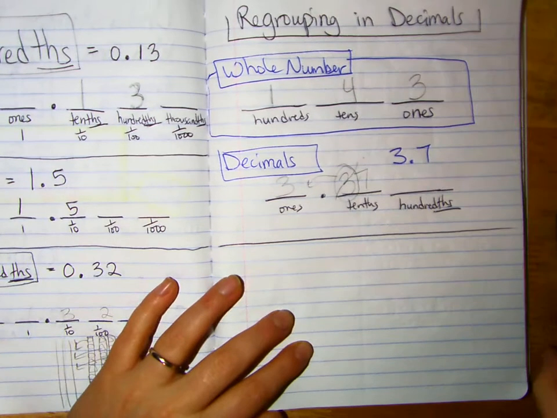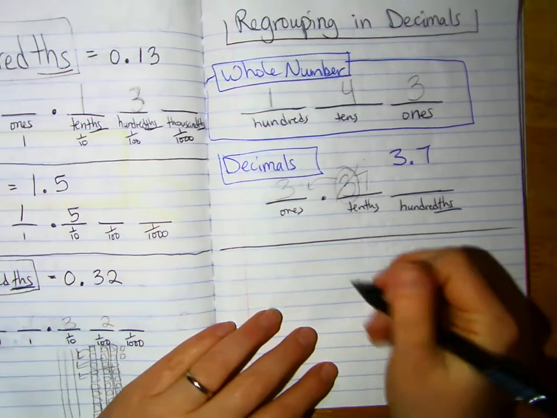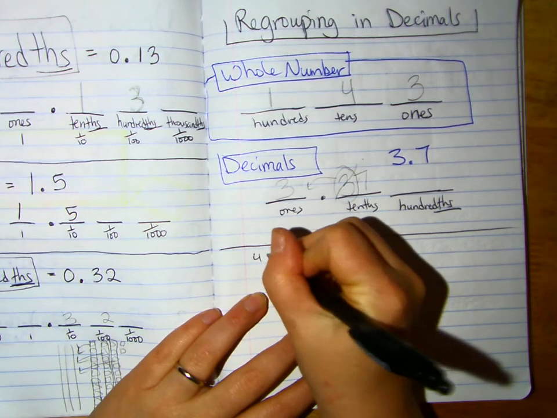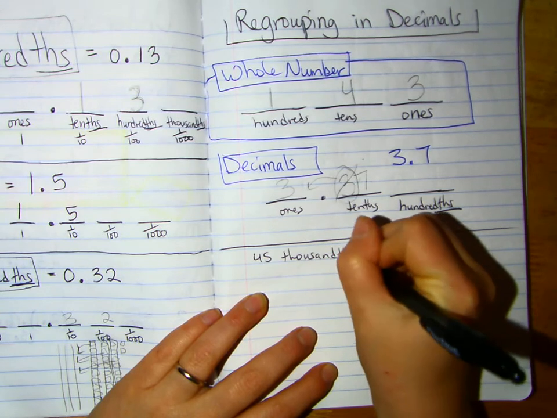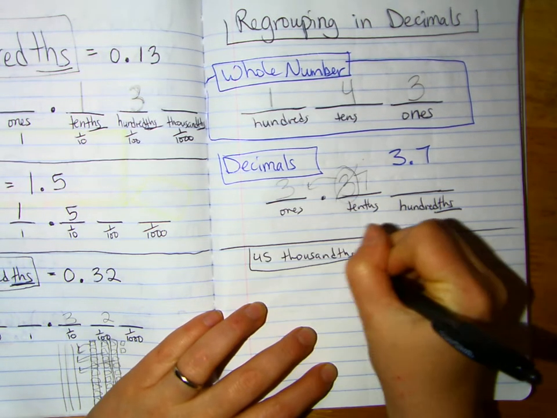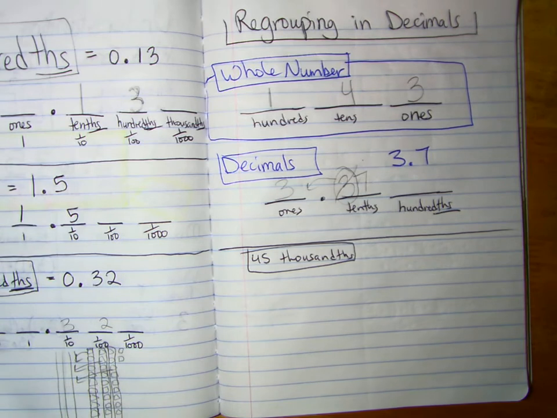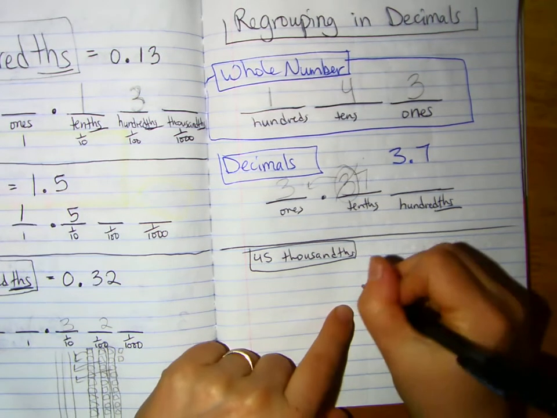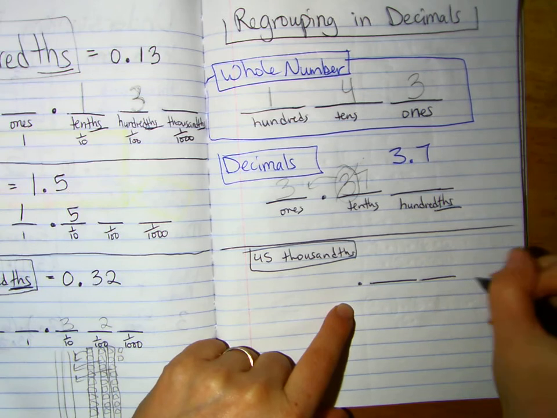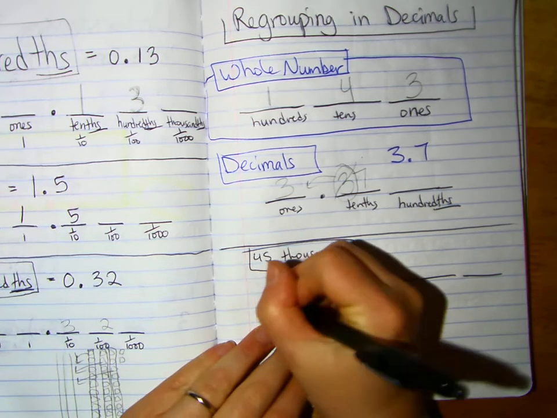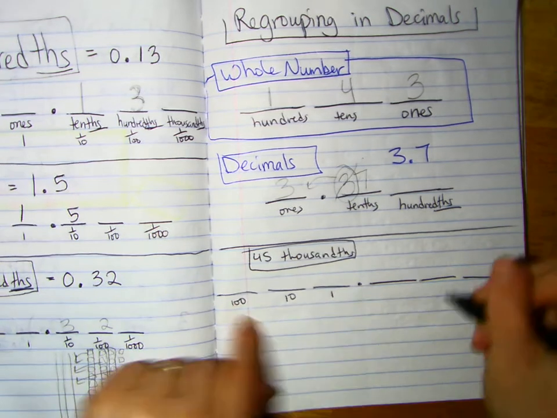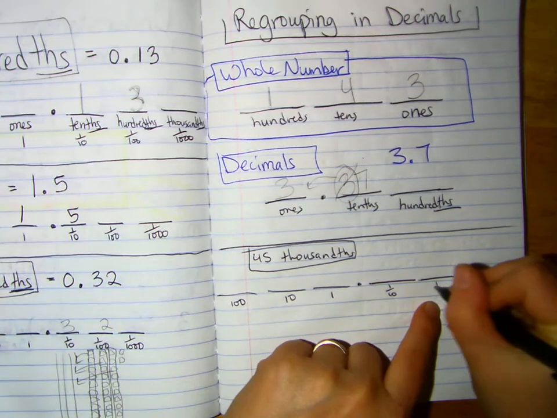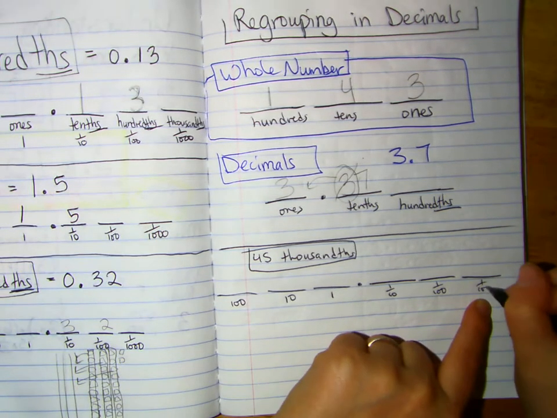Let's try solving 45 thousandths. I had to figure out what 45 thousandths really means. I can build my line. I've got ones and tens and hundreds. I've got tenths and hundredths and thousandths.